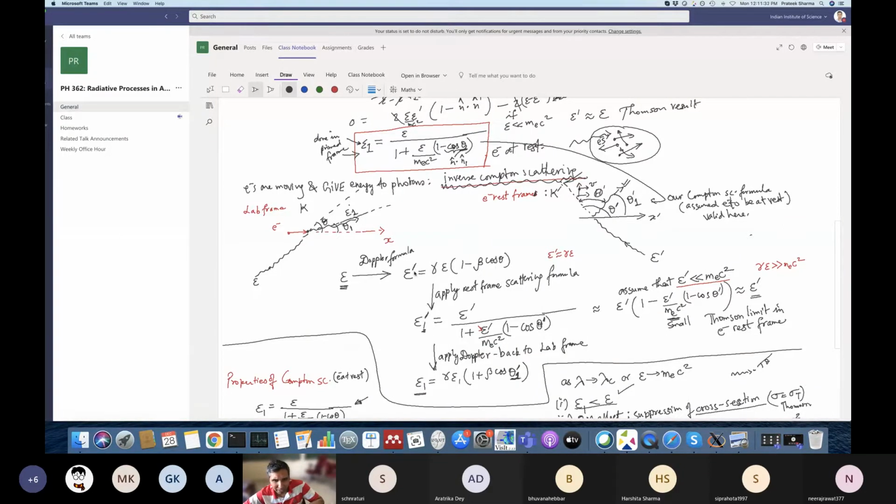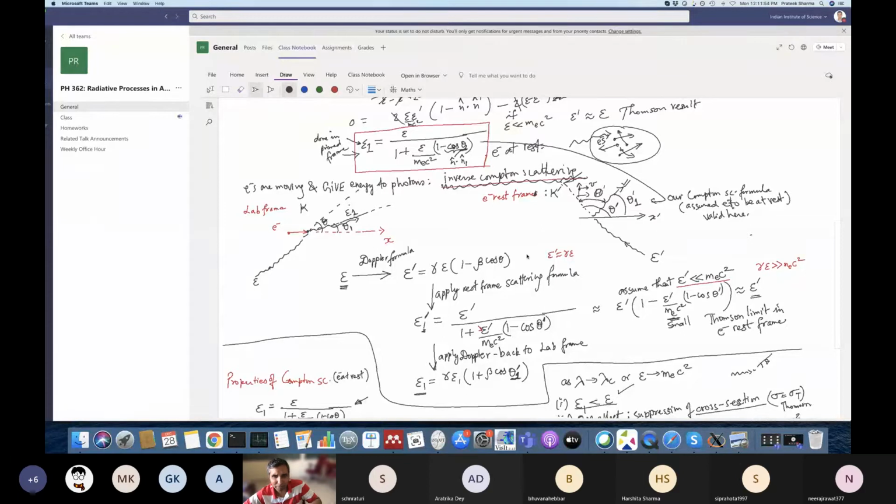When is epsilon prime maximum? Epsilon prime is maximum when beta is minus 1 and cos theta is plus 1.